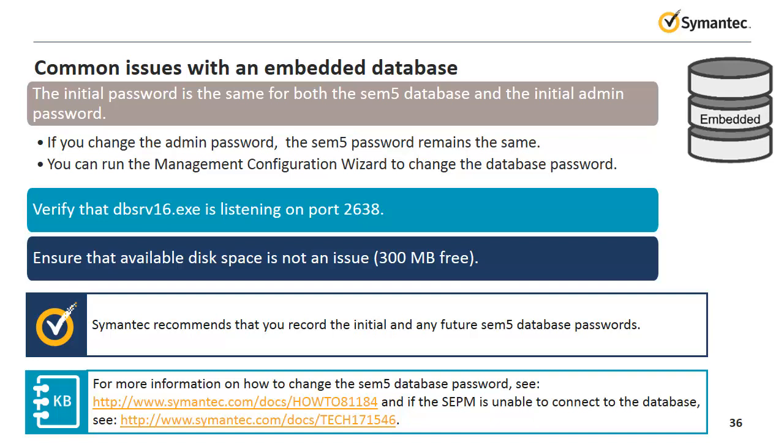Database problems can cause problems logging onto the SEPM. Check that the embedded database is running correctly. Verify that the services are running and that the ports are correct. Data fragmentation or space issues can also cause the database to be unresponsive. For more information on each of these topics, see the KB articles shown on the screen.